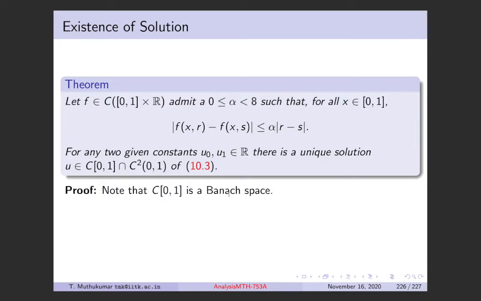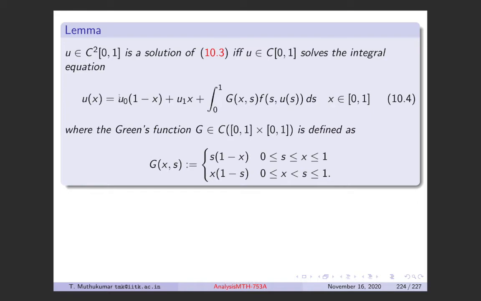Since C01 is a Banach space when given the uniform norm, it's a complete metric space. It's naturally a complete normed space. So then we define this operator T from C01 to C01 as the RHS of 10.4, that integral that we have. Whatever you see here in the RHS is our T of U. We do something similar to what we did in the previous lecture.